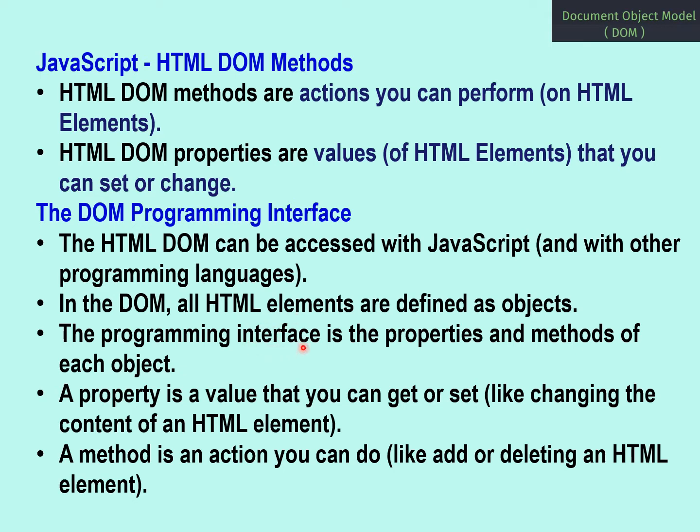The programming interface is the properties and methods of each object. A property is a value you can set or get from a particular HTML element, and a method is an action you can do, like adding or deleting an HTML element.